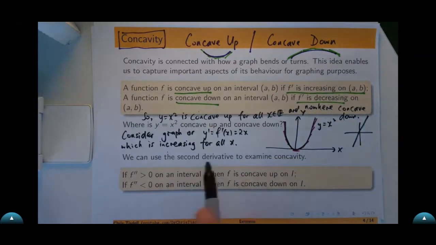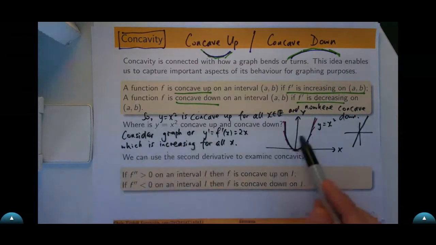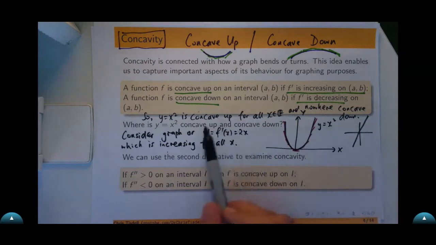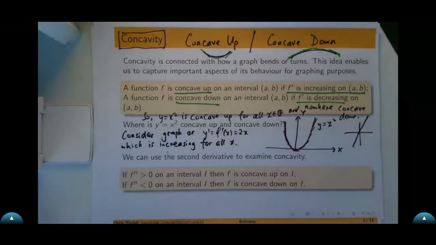Okay, so that's two ways of doing it. You can either consider the graph and the slopes of the tangent lines, or you can just differentiate it and go, well, is this increasing, decreasing, and where?